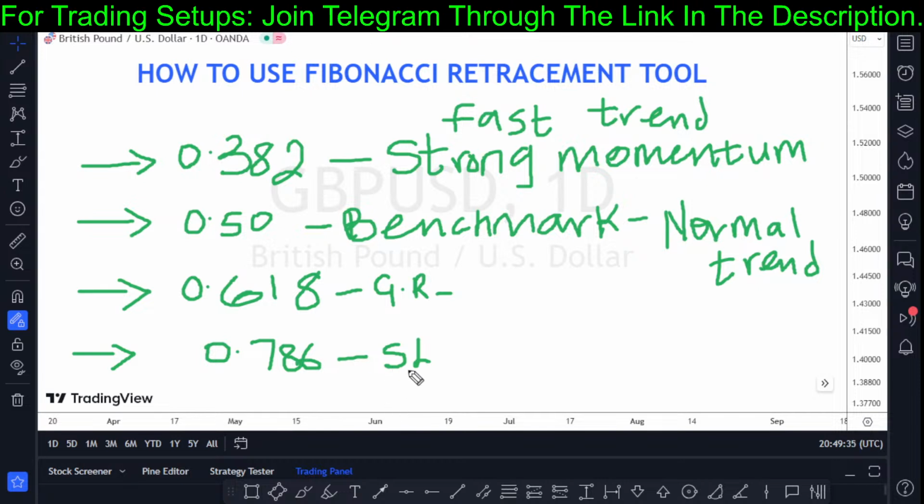Don't forget, traders, we also have the 0.236. You can as well use this level to set your stop loss. But let's focus on these three, and later we talk about how you can use the other levels to set your stop loss.